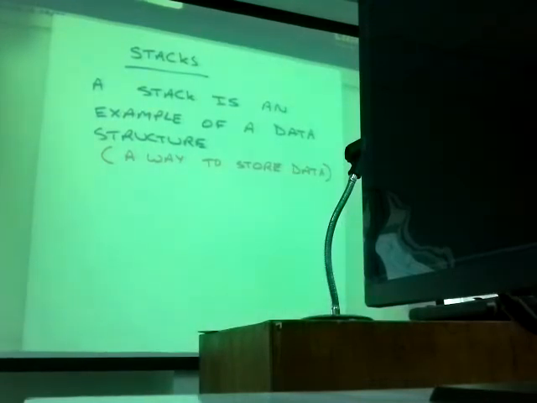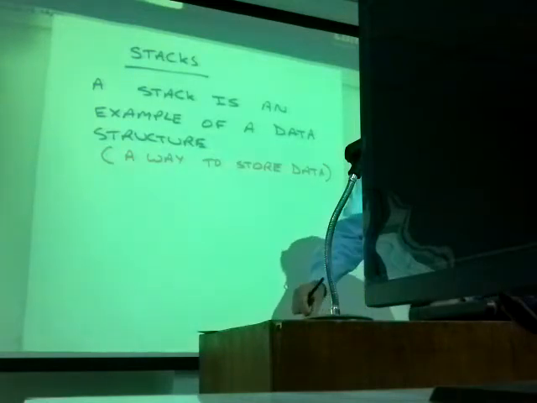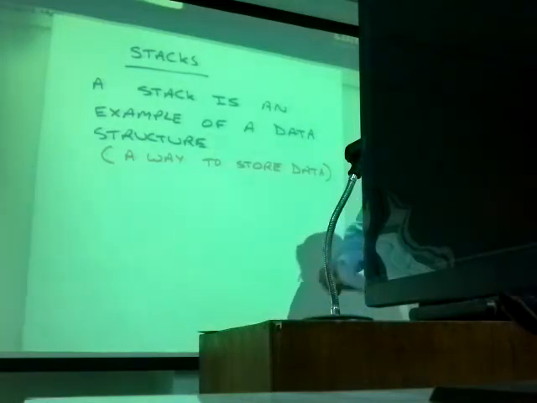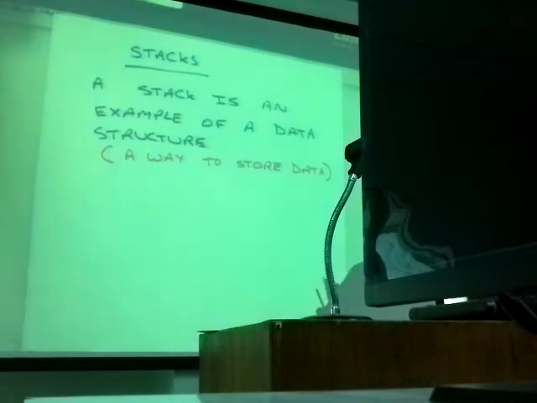Now, the word stack is a common English word. What does stack mean in English? Do you know that word? No? Stack. Okay, so these are pieces of paper, right?